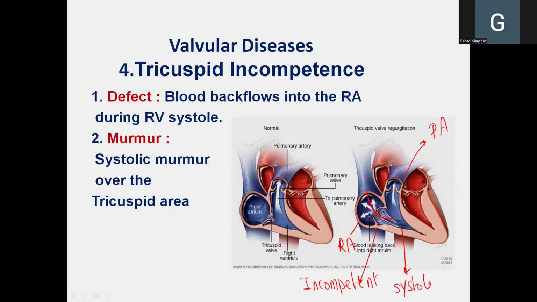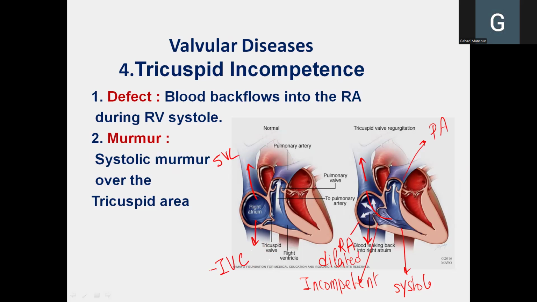So at the beginning, it will only leak into the right atrium and results in a dilated right atrium, but afterward it will also backflow, regurgitate into the superior vena cava and into the inferior vena cava. Leak is maybe not the best verb here.